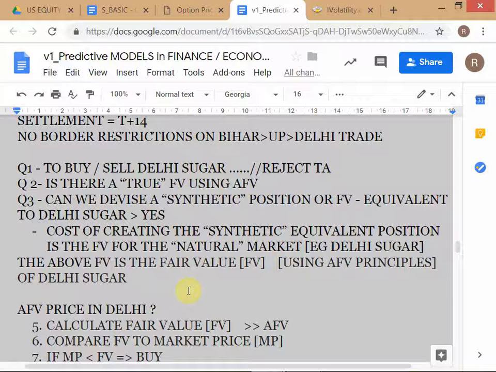These are theoretical steps that you have to follow for any problem. Since we have got into this discussion, I want to make sure that people understand how arbitrage-free valuation, AFV, is done. That's why I'm going from the very beginning so there's no confusion. Please make sure that you are all following along.